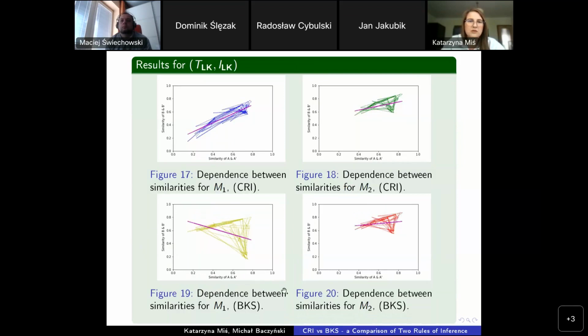And very similar results for the Łukasiewicz t-norm and Łukasiewicz implication, except the last one, where we cannot say that for the function M2 we have inversely proportional behavior. It's actually a little bit more like this line is going up, so it's something in between directly and inversely proportional behavior.